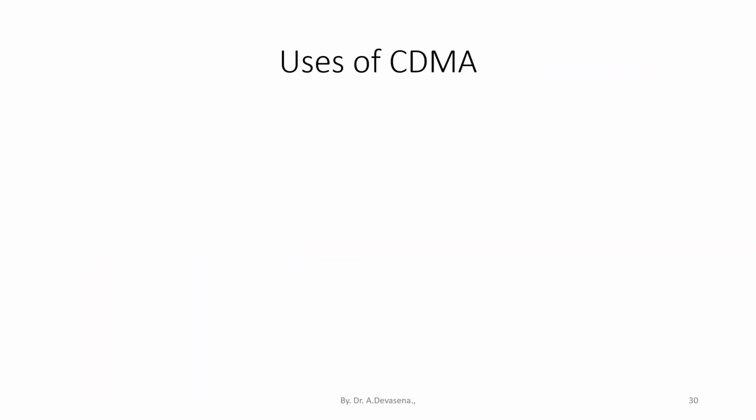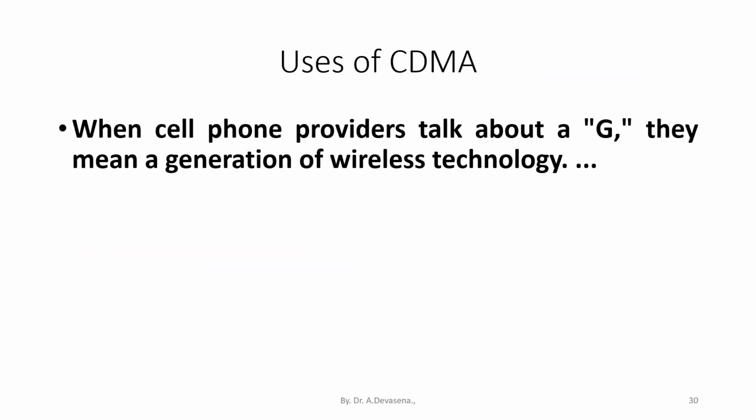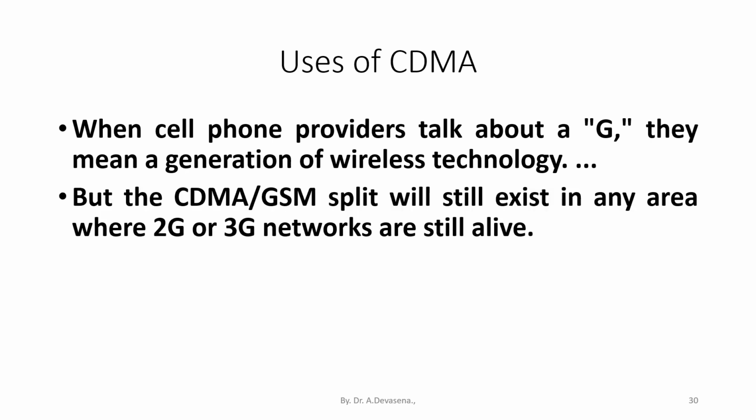Uses of CDMA. When cell phone providers talk about a G, they mean a generation of wireless technology. But the CDMA/GSM split will still exist in any area where 2G or 3G networks are still alive.